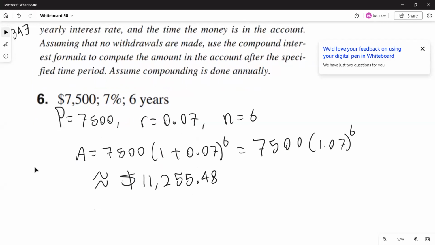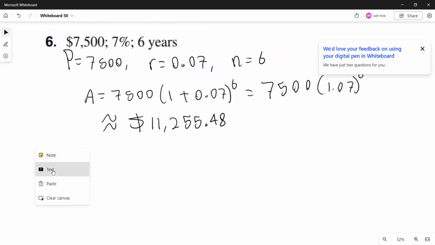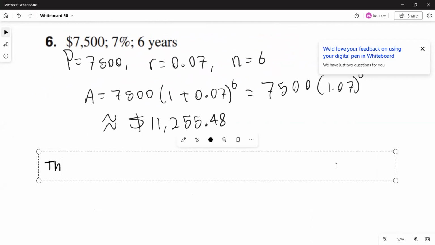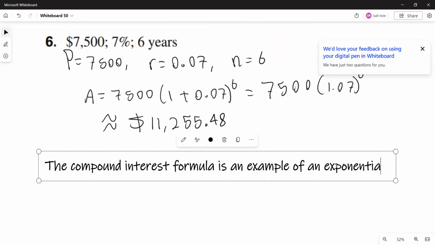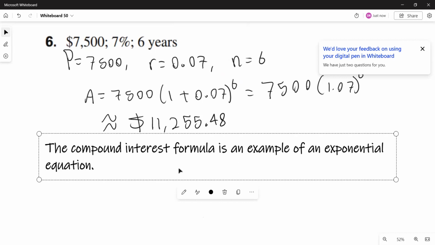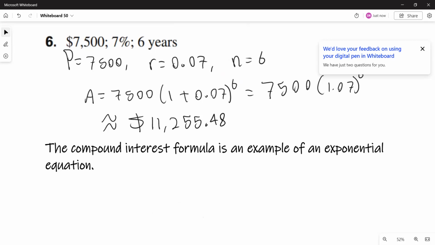So the compound interest formula is one of the first applications and one of the most important applications of exponential functions or exponential equations. The compound interest formula is an example of an exponential equation. So this is what an exponential equation looks like.